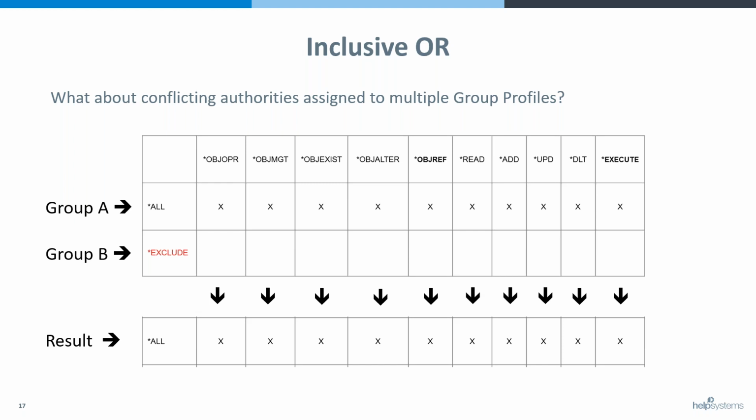When we draw out the X's to show what permissions are associated with the all and the exclude template, what we do is an inclusive OR test. And so the net result, arguably, is the equivalent of star all. As long as there is an X in one, or arguably both of the vertical boxes, we're going to carry that down into the result box, right? So in this case, I get the benefit of the most permissive group combined.